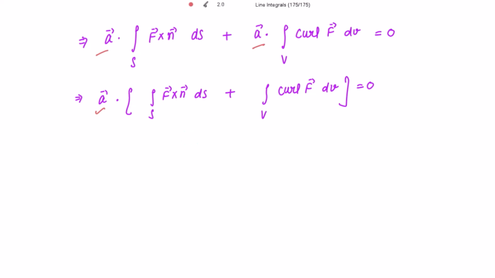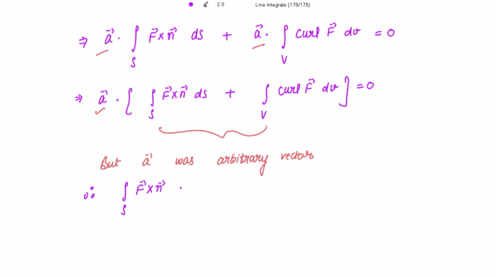So for this dot product, this bracket must be equal to 0. But A vector was an arbitrary vector, therefore the surface integral of the cross product of F vector and N vector plus the volume integral of curl of F vector is equal to 0.